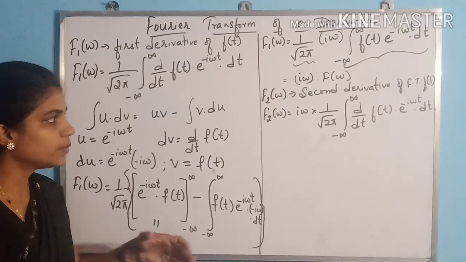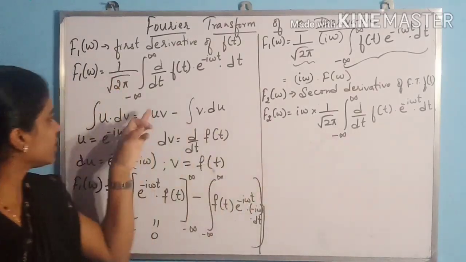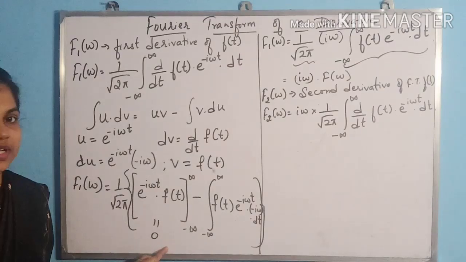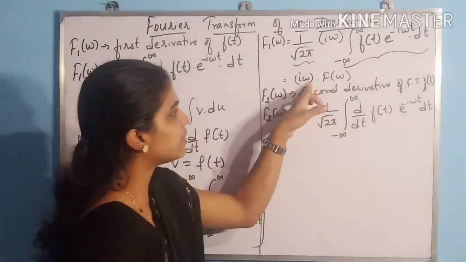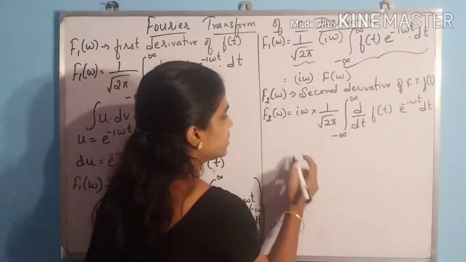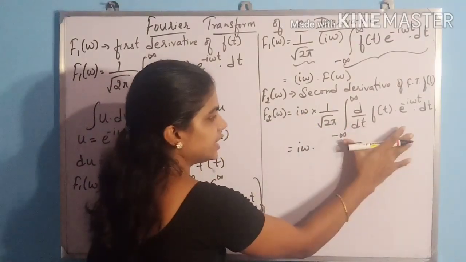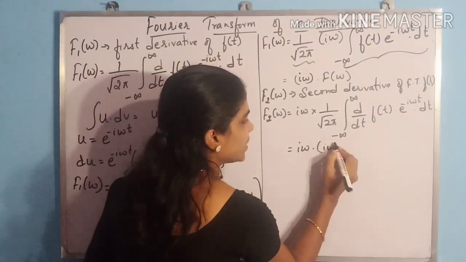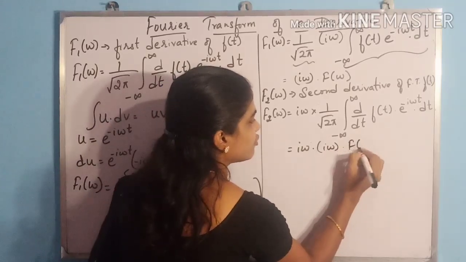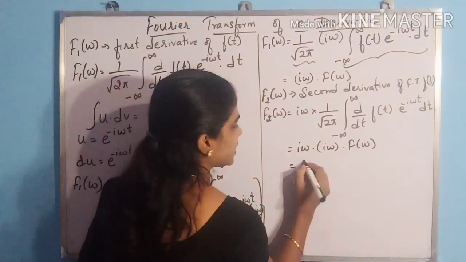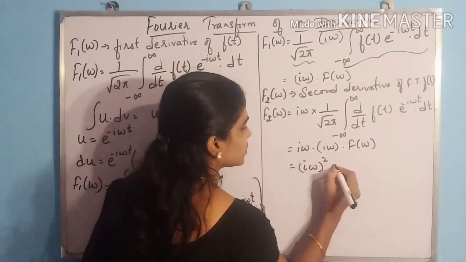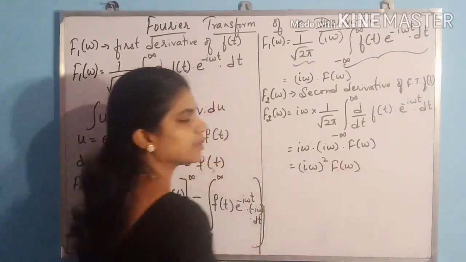Now what do we get again? The same thing we are going to integrate again. So we are going to get back i omega, which is already there, and the integration of this is i omega into f of omega. So it's going to be (i omega) the whole square f of omega.